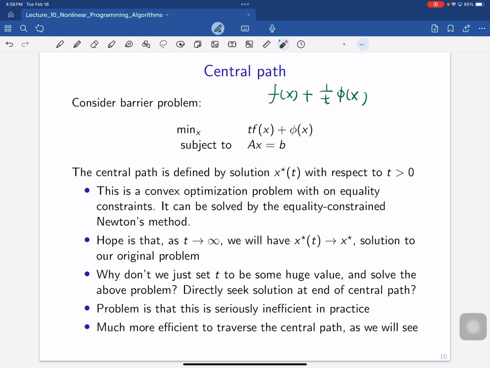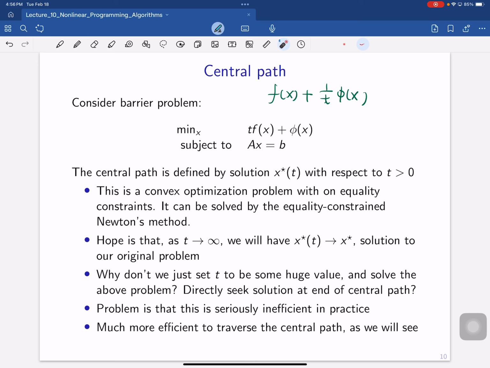So now I know that phi of x is a convex function, f of x is a convex function, subject to some linear equations. I can use Newton's method to solve this problem. We talked about how to solve convex optimization problems with equality constraints.